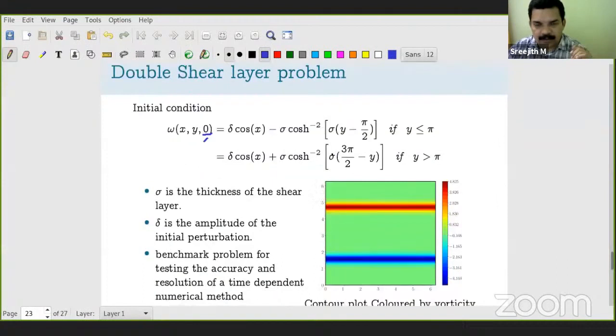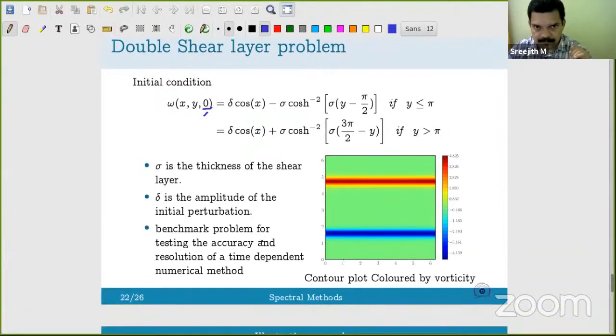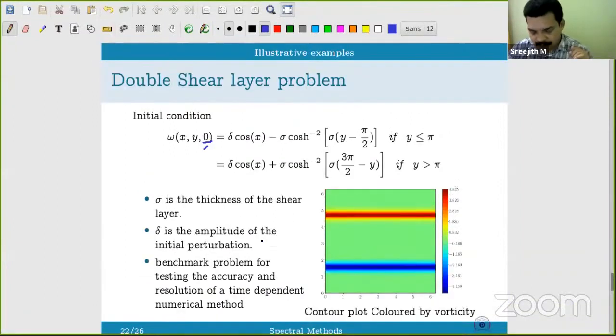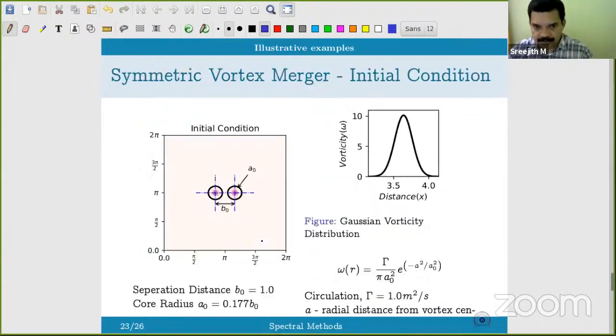Okay, then still with the same procedure, pseudo spectral method or Fourier spectral method, we have solved the symmetric vortex merger problem. Here you have two vortices at the center of the domain.